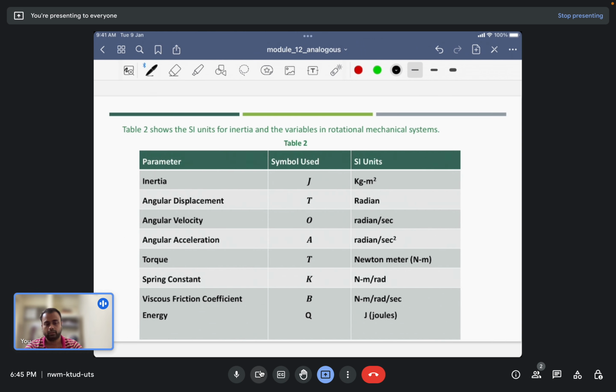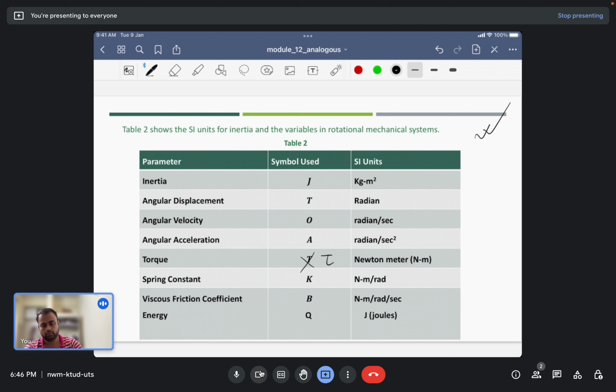The unit table is again listed here, so please go through this unit table. Inertia is given by J in units of kg meter square. Angular displacement is in radians. The angular velocity is again in radian per second. Angular acceleration, so I think there is an error here.